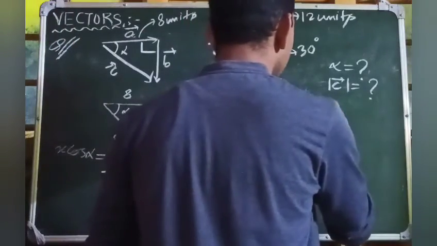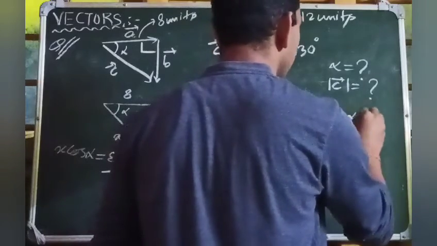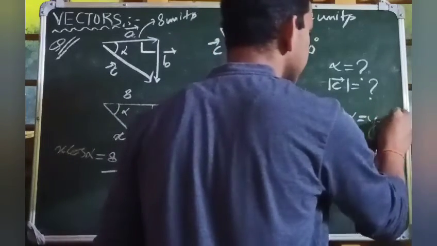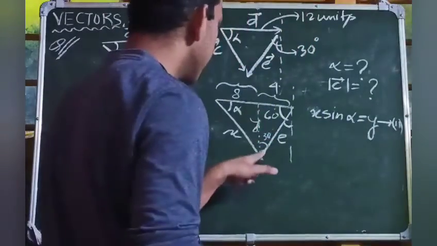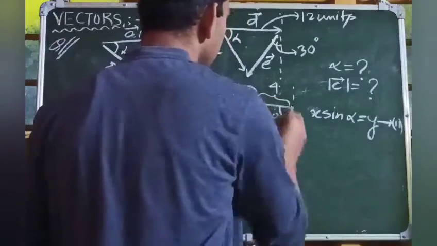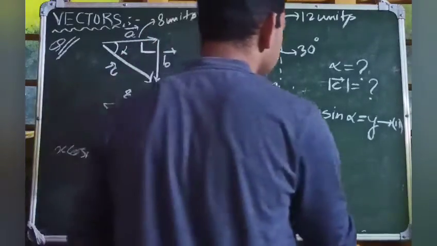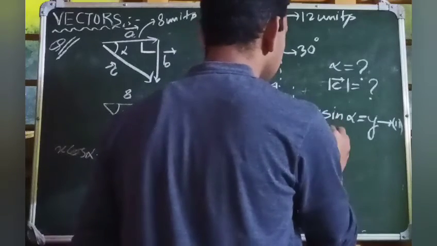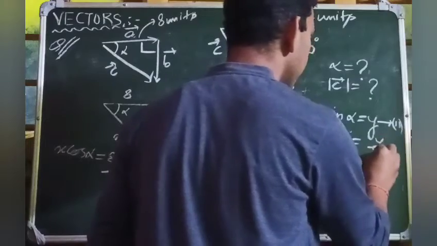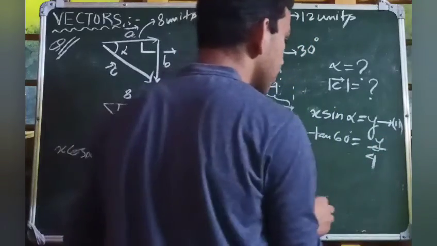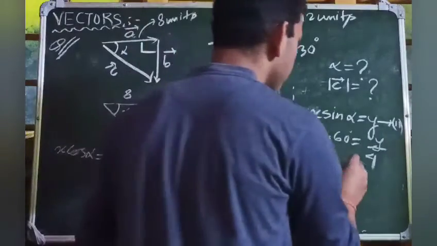So x sin alpha is equal to y. This is the second equation. And from this right angle triangle, we can write tan 60 is equal to y upon 4. Simplifying this equation, tan 60 is root 3, so y is equal to 4 root 3.